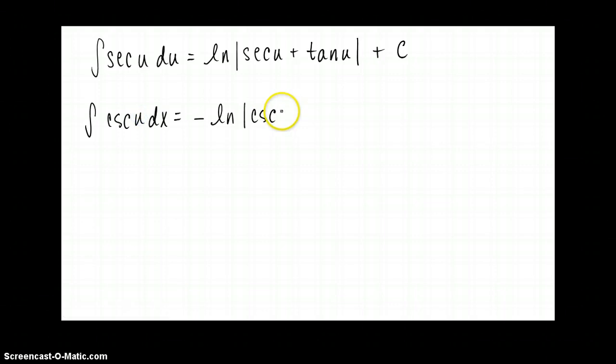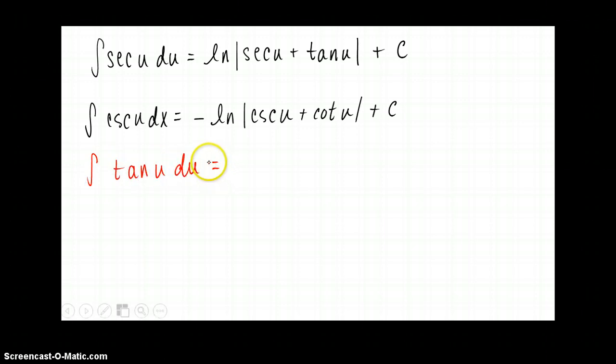So negative ln cosecant of u plus cotangent of u plus c. Okay, so in addition to tangent and cotangent, these complete all of our trig antiderivatives.